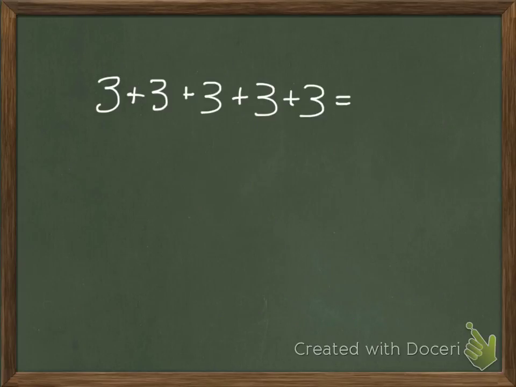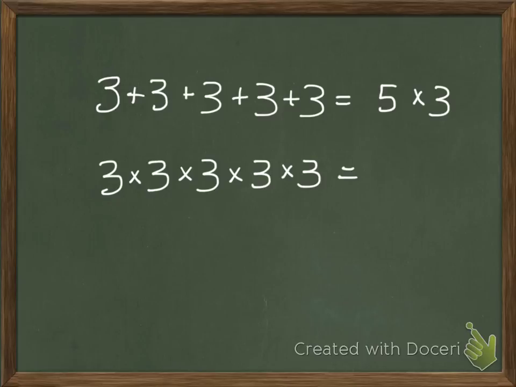Okay, so if you've seen this, you're adding 5 3's together, and you saw years ago that you can write that as 5 times 3. So that's one way to use multiplication as repeated addition. Okay, so exponential notation is similar. It's different in that I'm multiplying now.